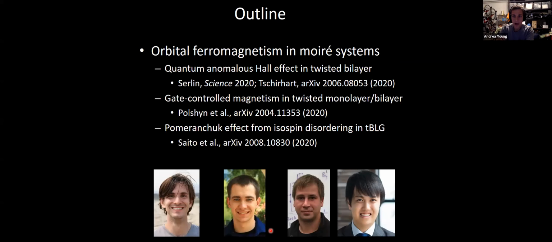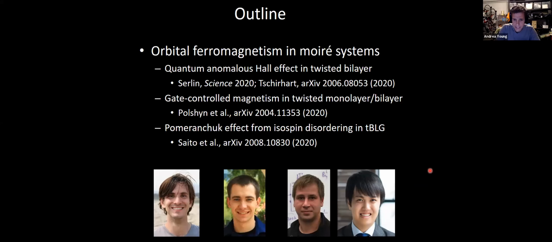I'll try to cover a lot of ground without going into too much detail, but I put here some of the most relevant references, and let me acknowledge up front that the experimental work was done by Marek and Gregory Polsh and Yu Saito, who always get the key experiments going.